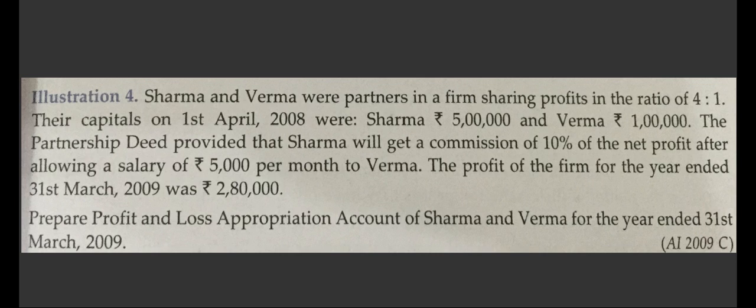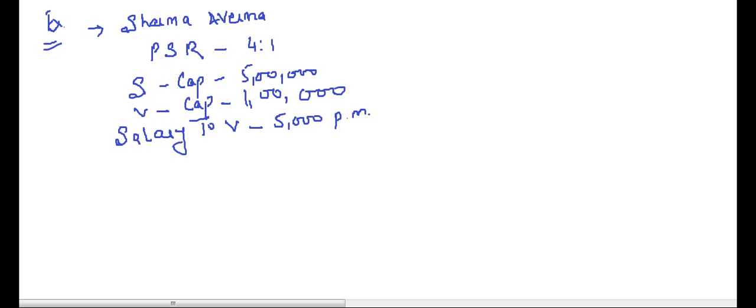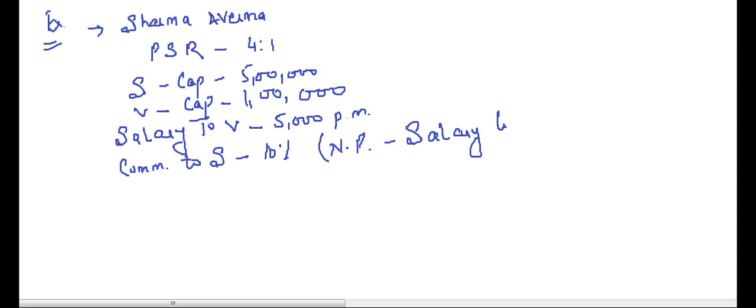Each and every word is important. It says commission to Sharma, that is 10% of what? Net profits minus salary to Verma.